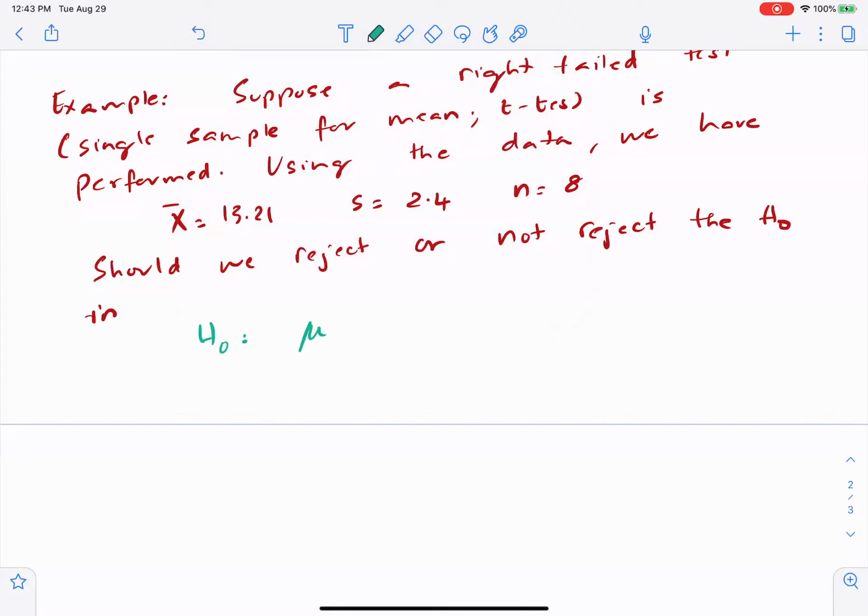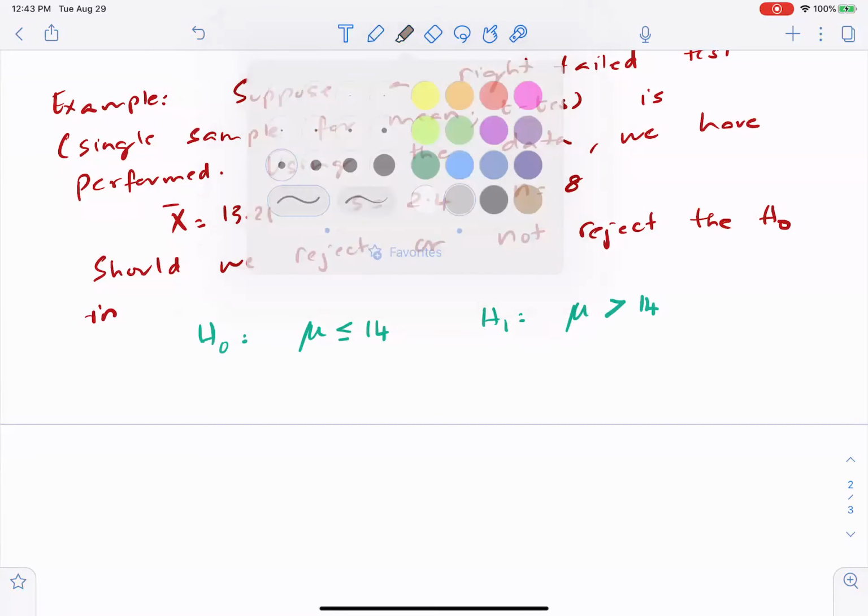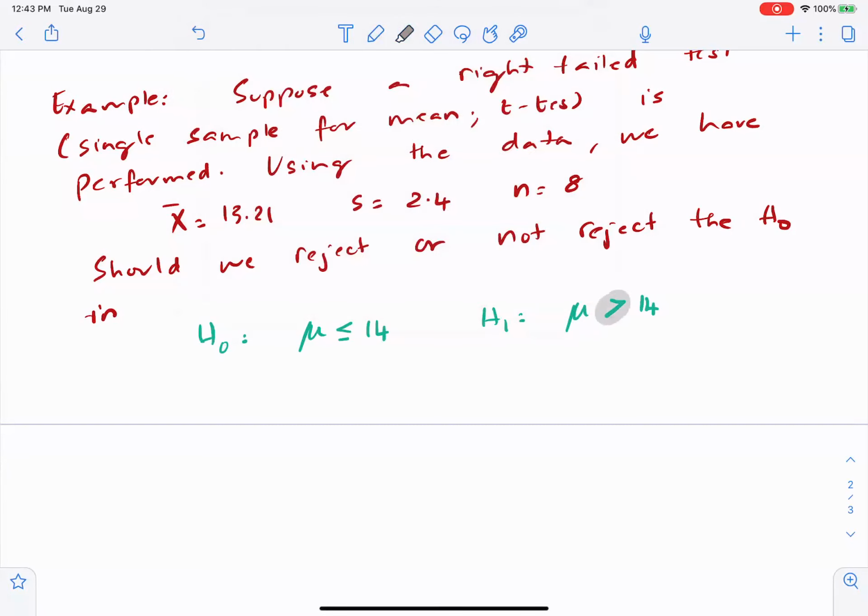Let's say the null is mu less than or equal to 14. Alternative, mu greater than 14, specifically picking greater than because I stated in the problem that this is a right tail test. So we need to obtain a conclusion as to whether we are going to reject the null or not reject the null.